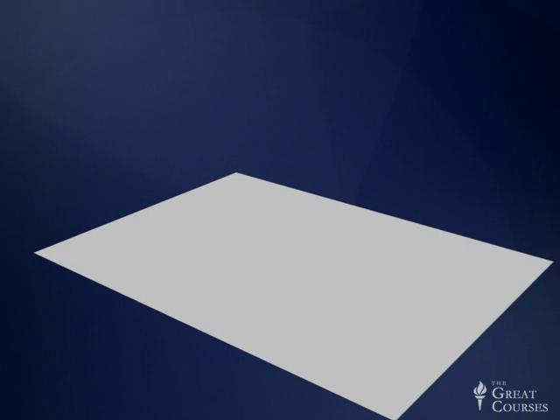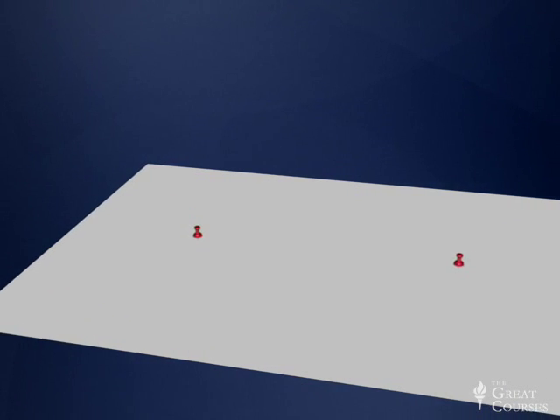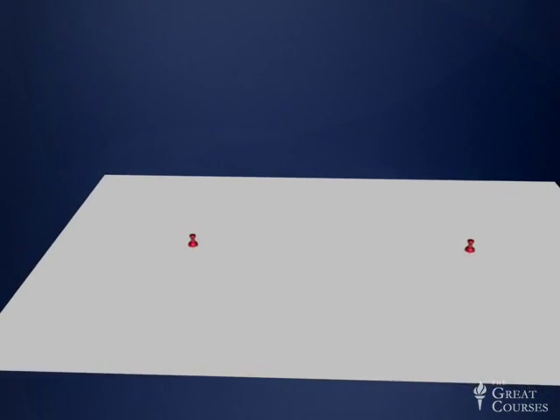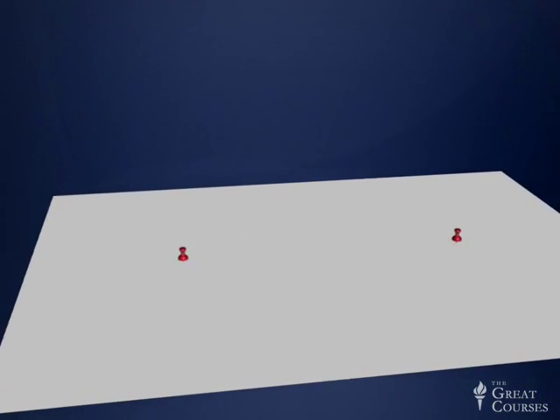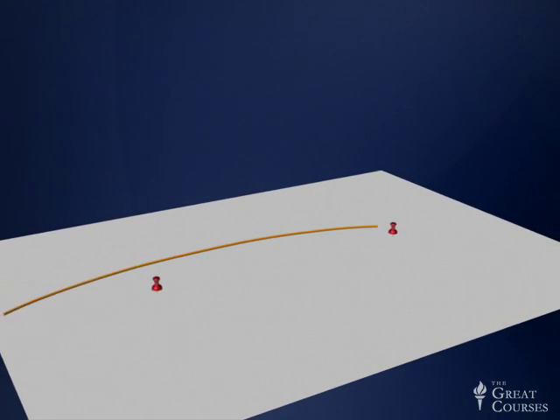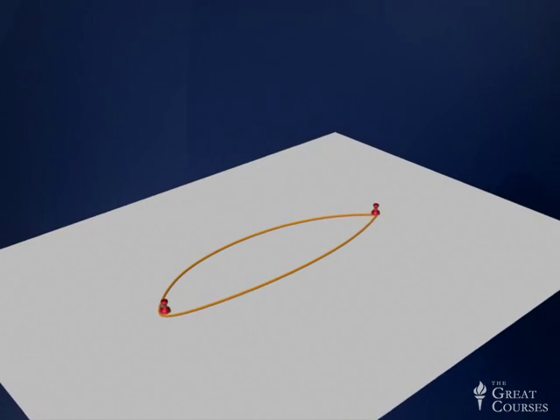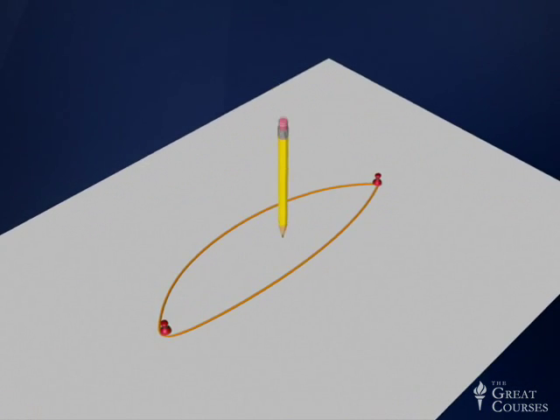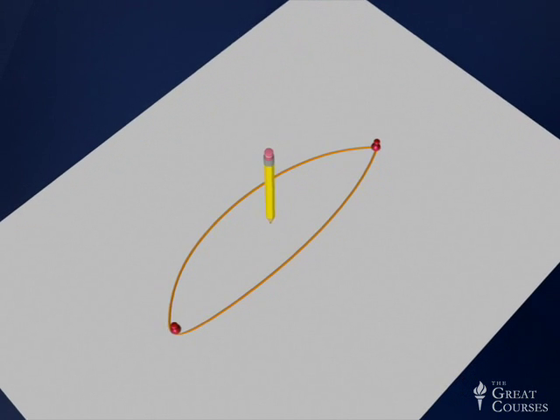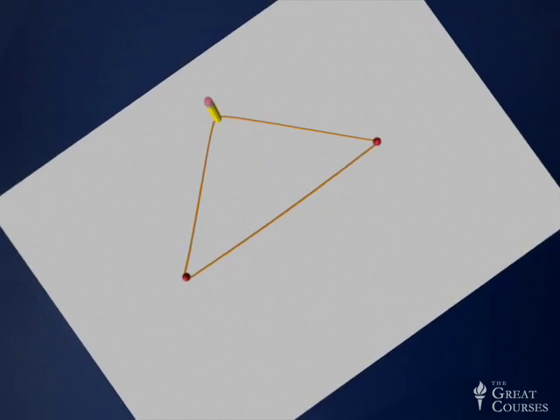Take a piece of flat cardboard or something like that and place 2 push pins or thumbtacks into the cardboard. Those 2 push pins are going to serve like the foci of the ellipse. Take a piece of string, tie it into a loop, and put it around the push pins. Now, take something like a pencil and use it to push the string along until it's tight.